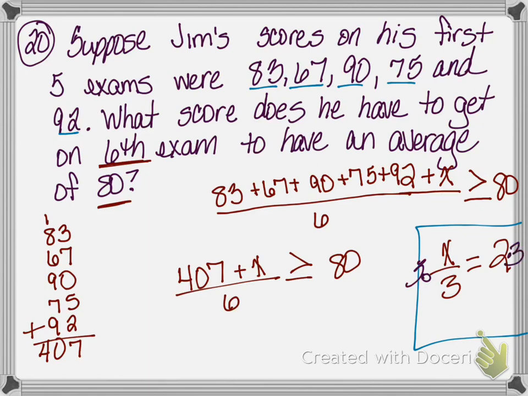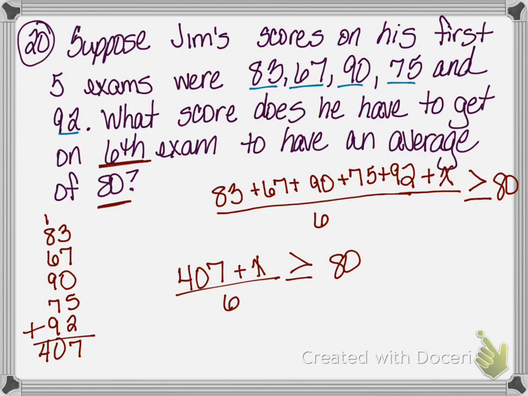So that's what I want to do first here, is I want to multiply both sides by 6. Because when I multiply both sides by 6, I get rid of the 6 in my denominator. So I am left with 407 plus x is greater than or equal to 80 times 6, which is 480.